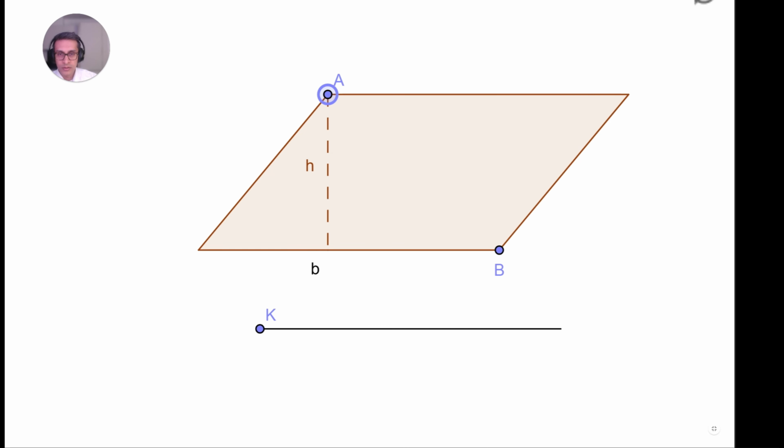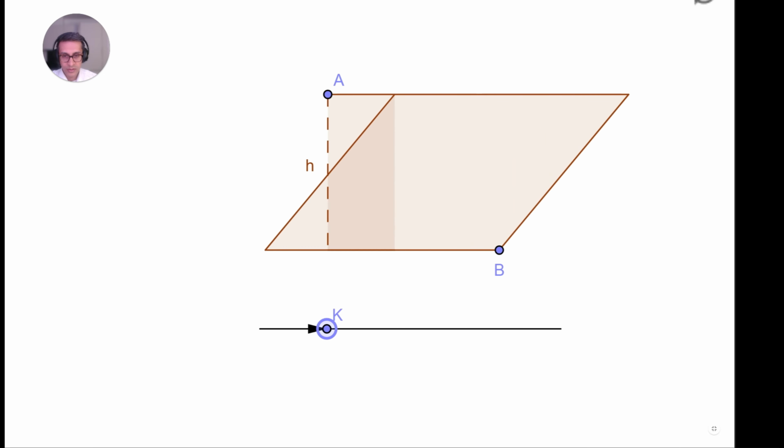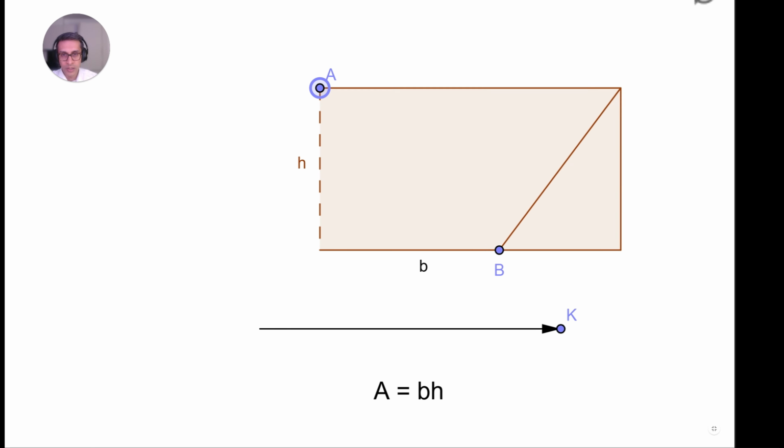What you will see is in each, no matter which parallelogram I create, if I cut down the vertical height from one of the vertices and then shift it to the other end, you end up with a rectangle where you've got the vertical height and then the base turns out to be that same length as the base of the original parallelogram.